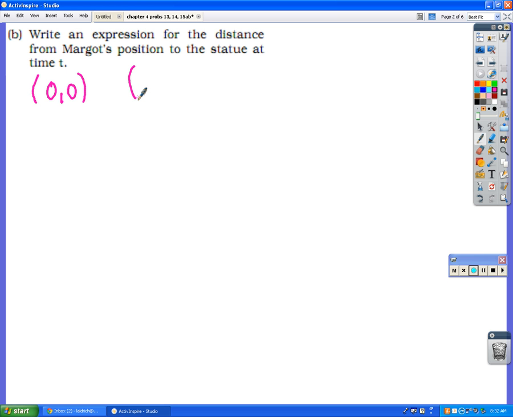Yeah, the parametric equation. So her position at any time t, x is 30 minus 3.12t, and then her y position is 2.5t. Right? So we just use those in the distance formula just like you regularly would.